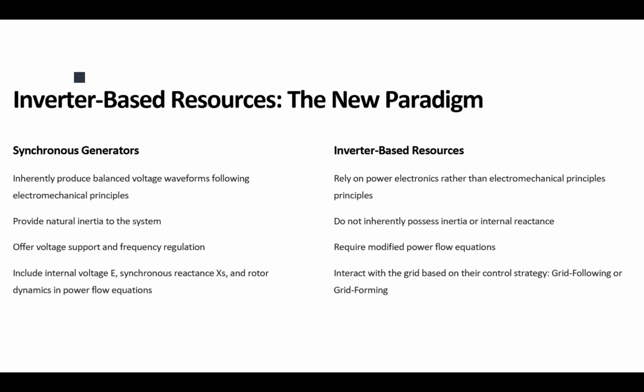Now, they also include an internal voltage. If you already passed a course about AC machines, you know what I'm talking about: we have a stator and a rotor, and the induction voltage inside the rotor that happens because of Faraday's law would create an internal voltage inside the rotary machine generators.